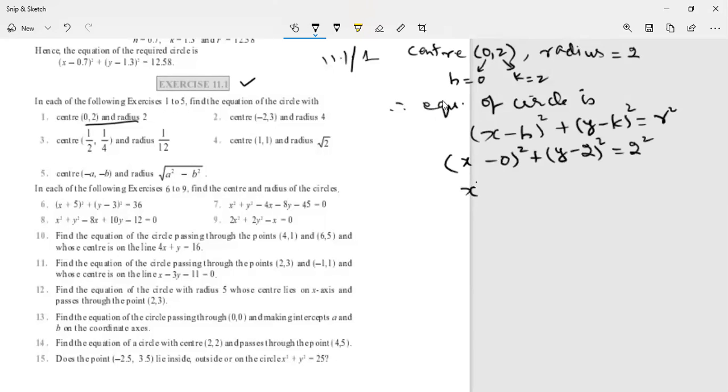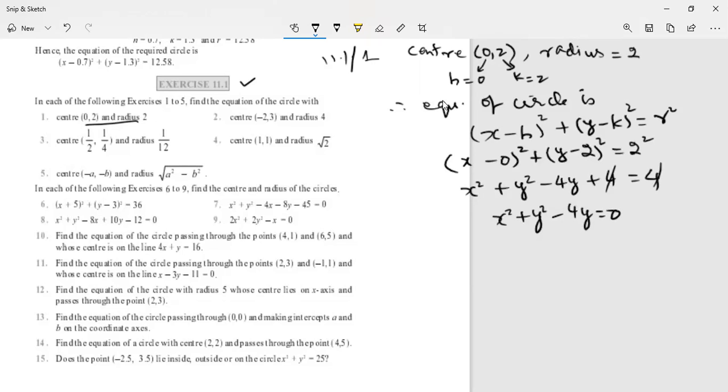So we get x square plus y square minus 4y plus 4 is equal to 4. This 4 will come this side and cancel. So we get the equation of the circle x square plus y square minus 4y is equal to 0.